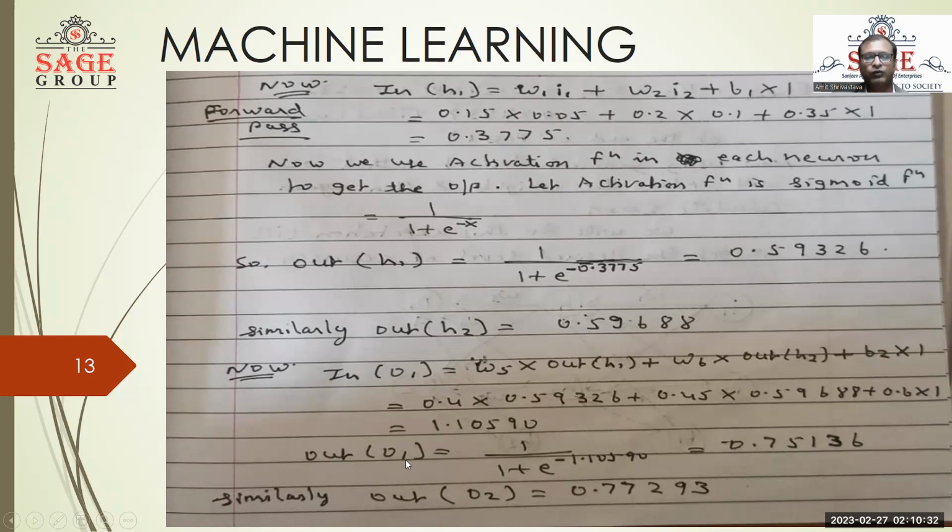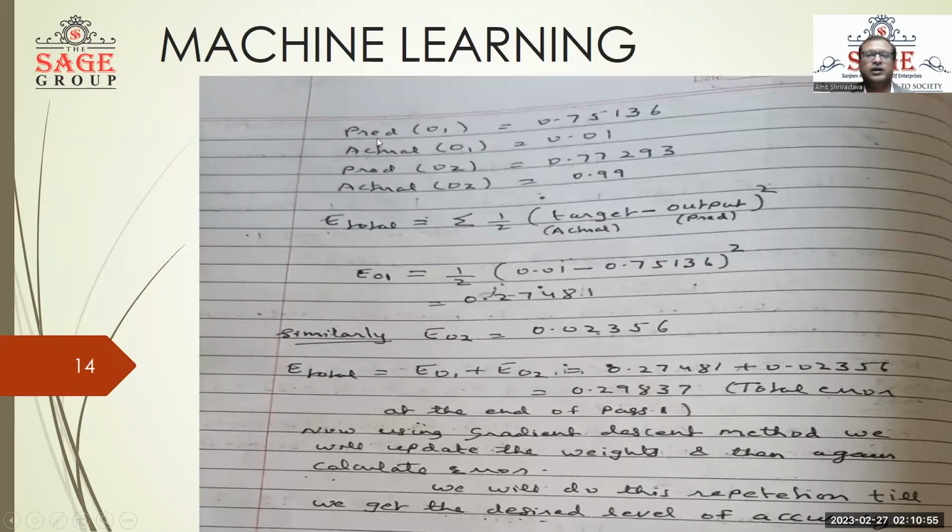Again, the output from O1 will be the sigmoid function applied over this total input which I have got at O1. So 1 upon 1 plus e to the power minus 1.10590. So this is the total output we are getting from O1. Similarly, we can calculate the output from O2.